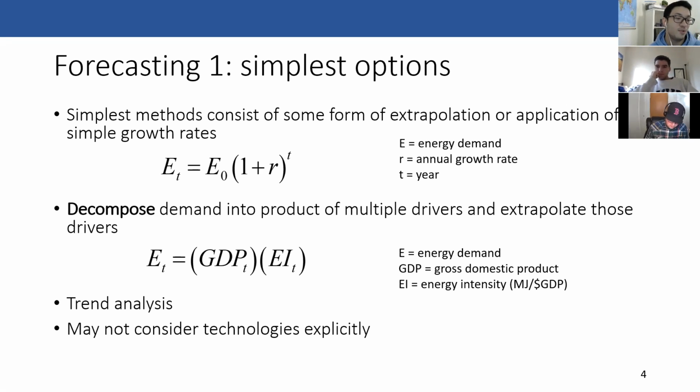In this particular example, we're breaking down the energy demand into GDP times energy intensity. In other words, how much energy is consumed on average per dollar of GDP. And so this suffers from a lot of the same sets of drawbacks that I was talking about in the earlier equation, but it's starting to introduce some details that you could possibly manipulate.